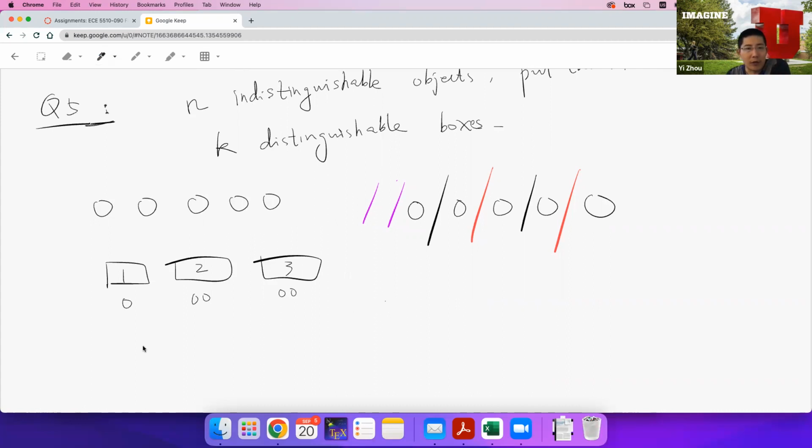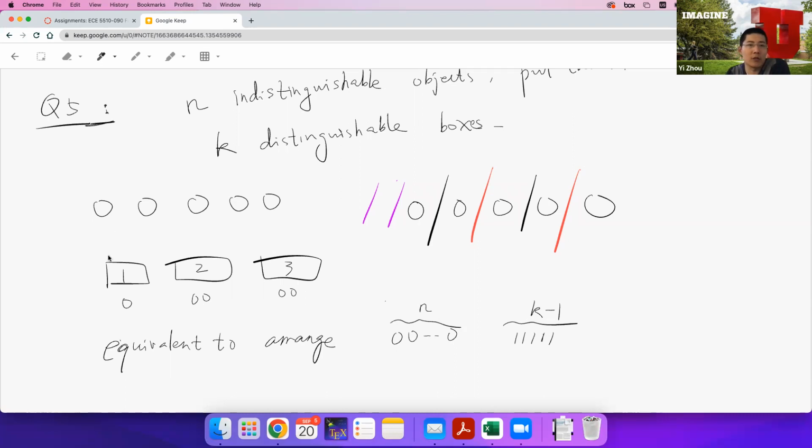So it's basically equivalent to arranging n indistinguishable apples and k minus 1 separators.